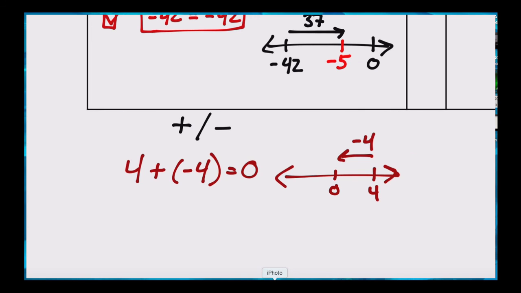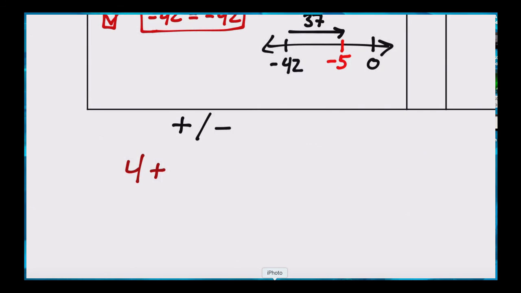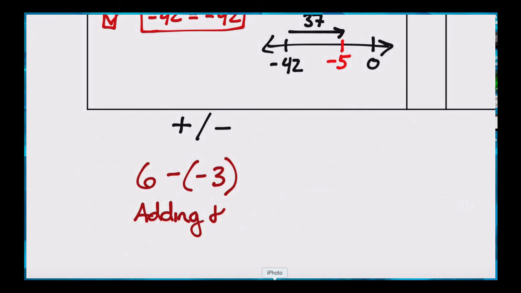Let's look at another tricky one, though. This is one that is the hardest for people to understand. Where you have, let's say you have 6 minus a negative 3. Okay, this is the one we were dealing with today. Think of subtraction as adding the opposite. Okay? Adding the opposite.